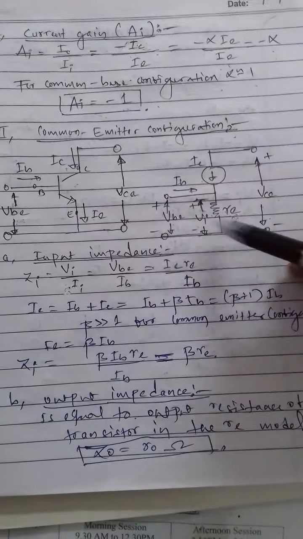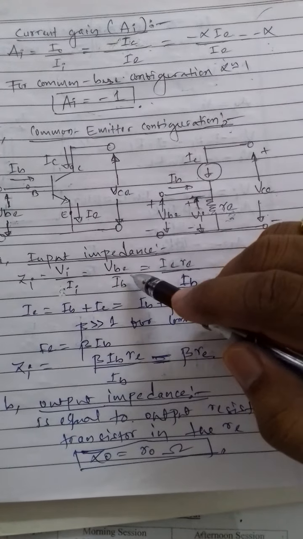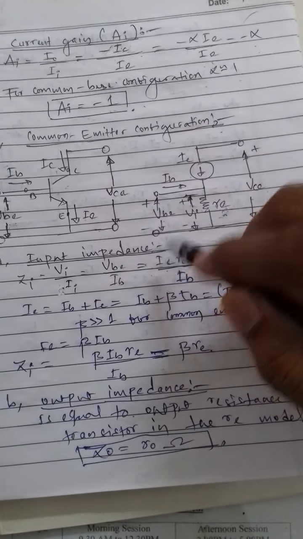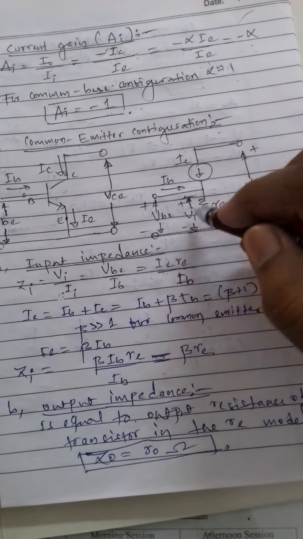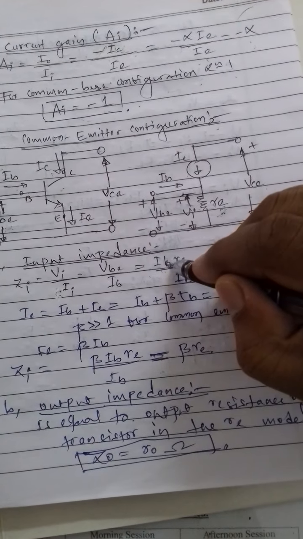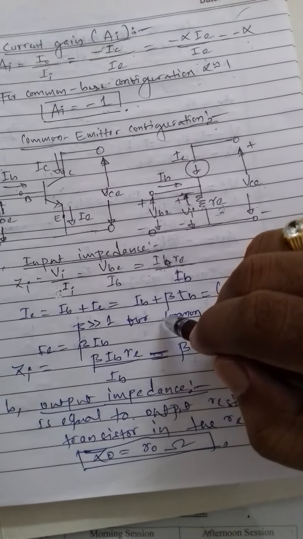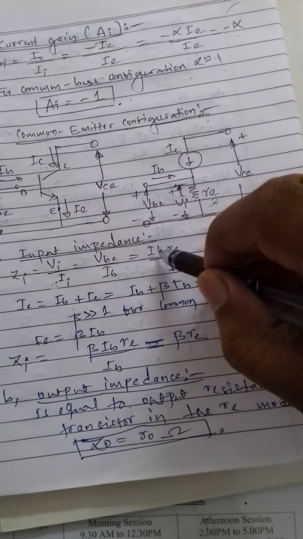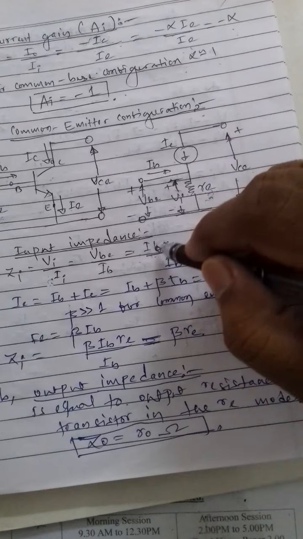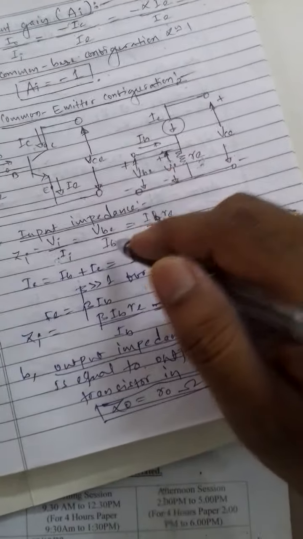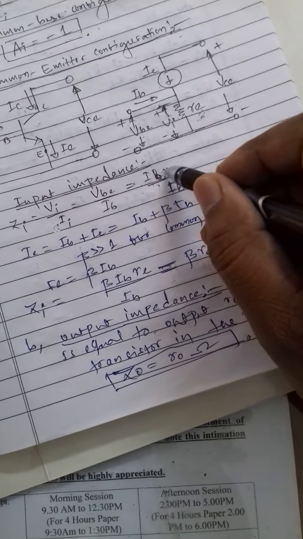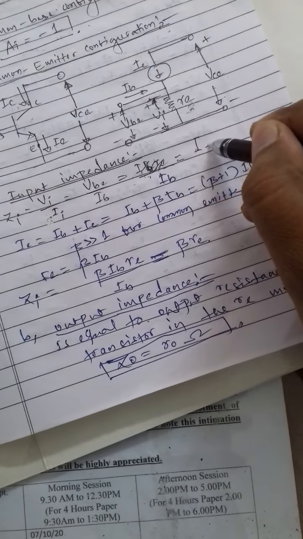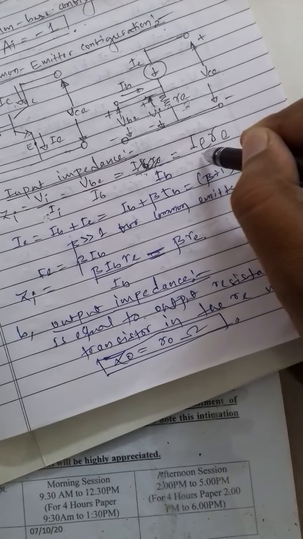So the input impedance of the circuit is Zi equal to Vi upon IB, equal to VBE upon IB, and VBE is equal to IE RE. So VBE is equal to IE RE, and Zi is IE RE upon IB.